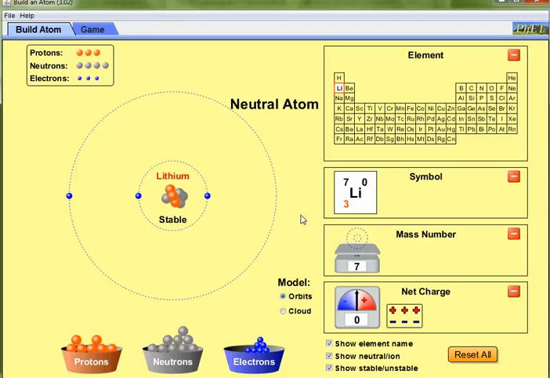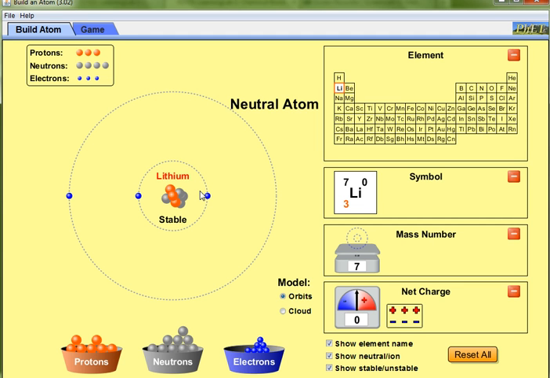Okay, the more protons you have, the more neutrons you would need for stability. That is kind of the general rule. As you go to larger atoms, you would require more neutrons. I think lithium is the first element where you have more neutrons than protons.